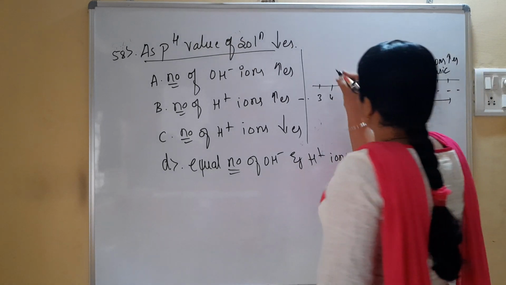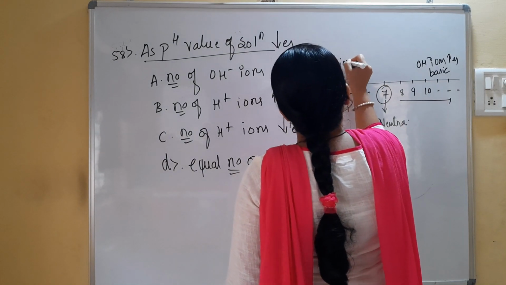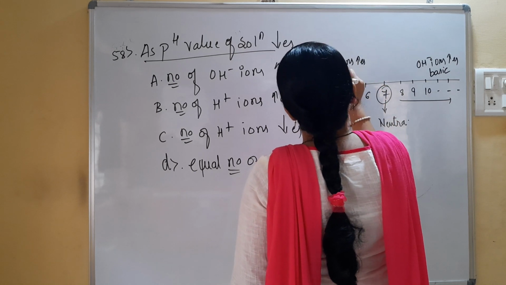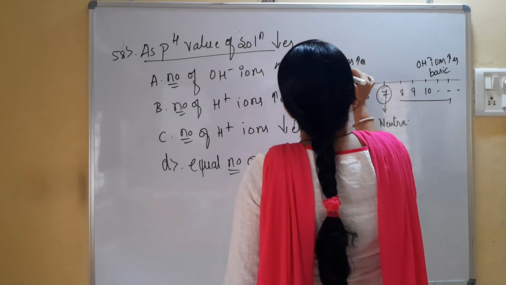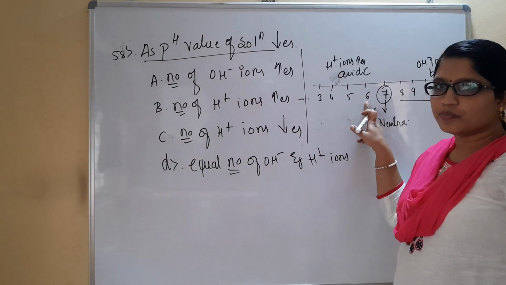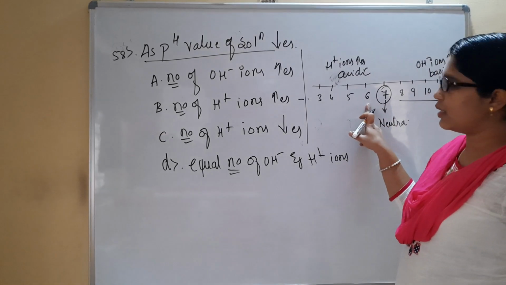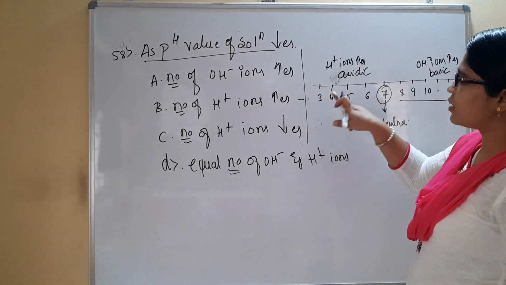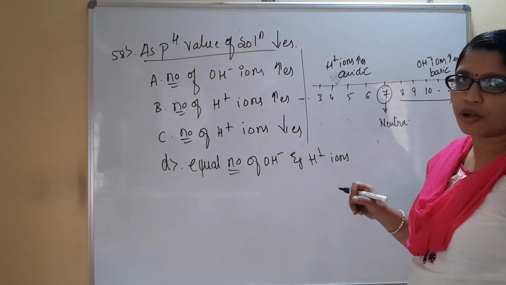Coming to this side, H plus ions increase and the solution becomes more acidic in nature. In the sense, 6 is considered least acidic. When you consider 3, it is more acidic in nature because it has the highest H plus ions.